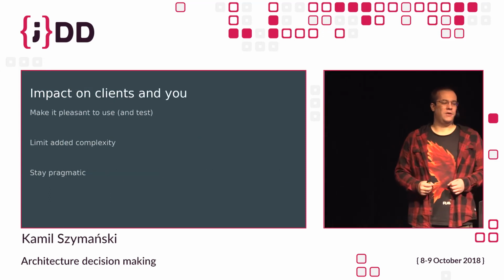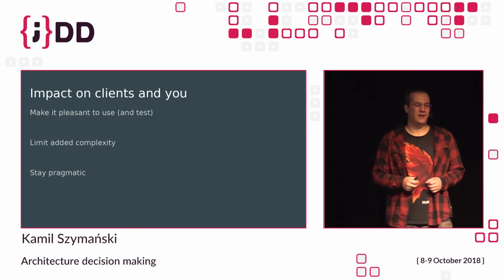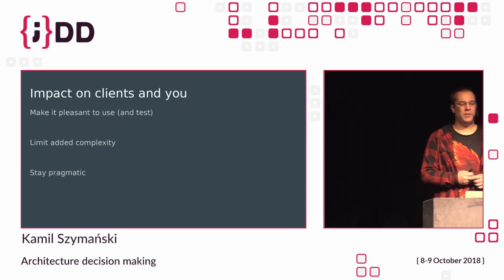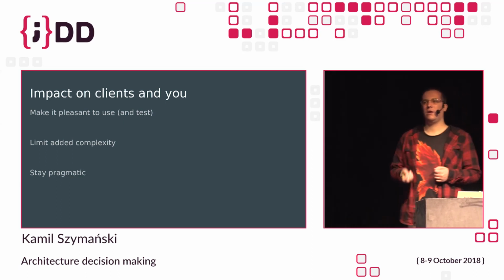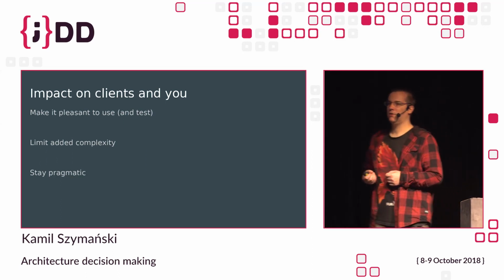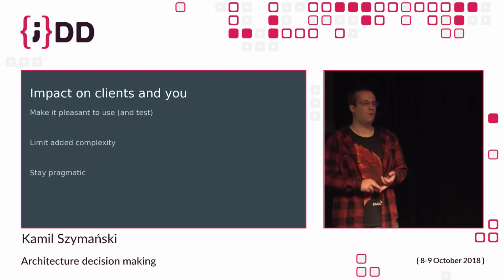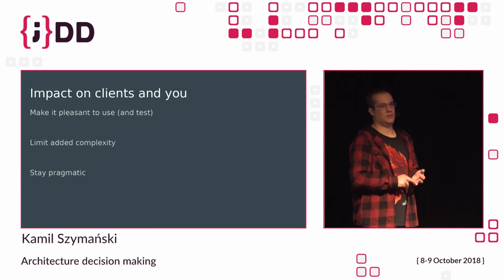Now, this will be really, really generic, but it's worth keeping in our heads. Whatever we decide on, we should take a look at how pleasant it is to use, from the client's perspective, but also from our perspective: to use, to test, to maintain.